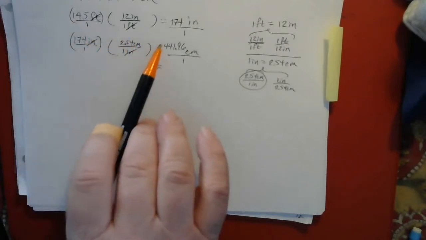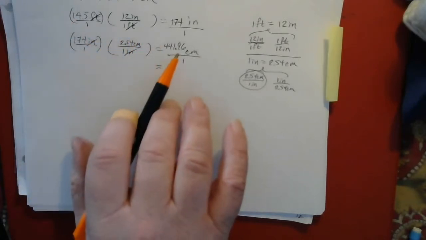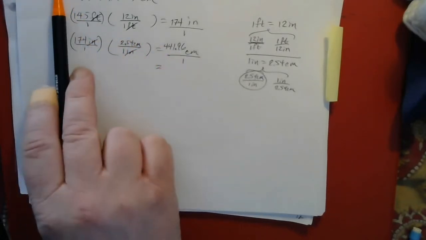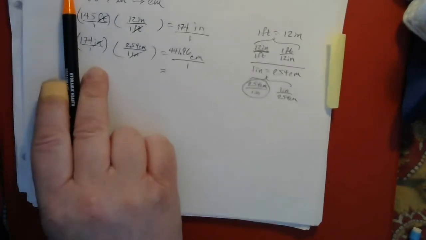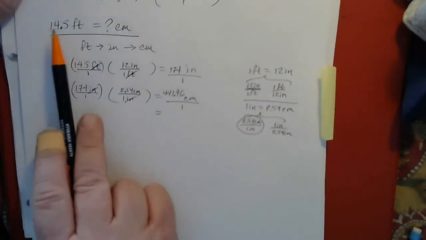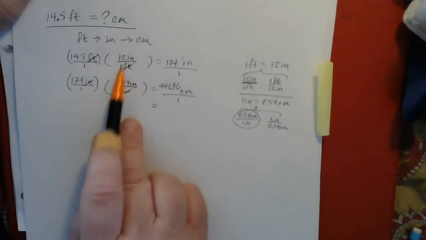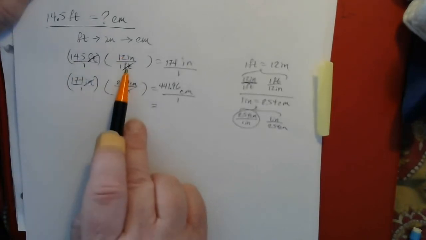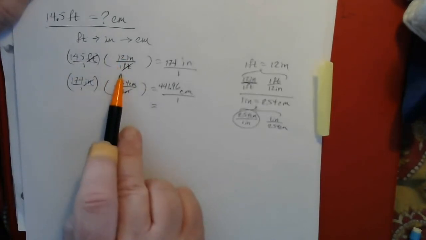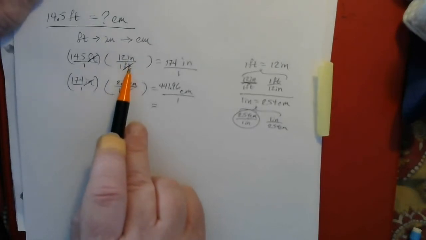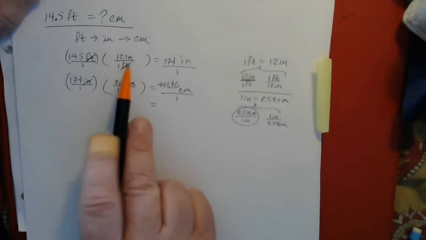Again, significant figures. Looking back, 14.5, our original measurement. Whoops, right there. 3 significant figures. 12 inches per foot, that's infinite because that's within the English system. English units on top and the bottom, so that's considered infinite.